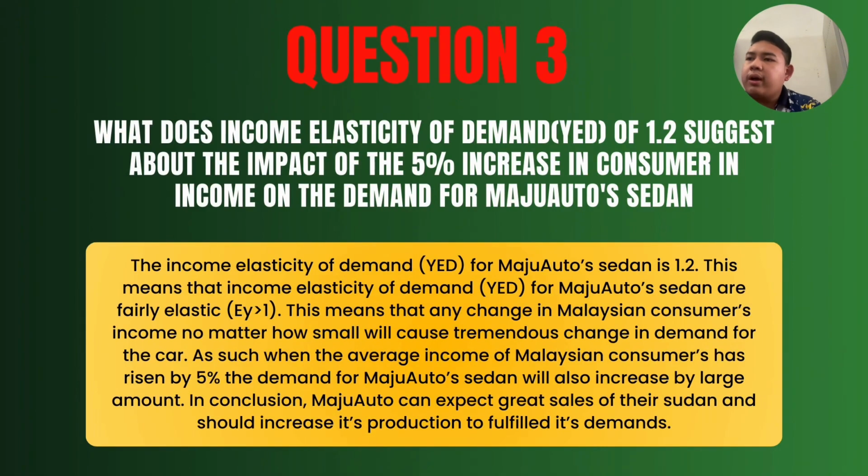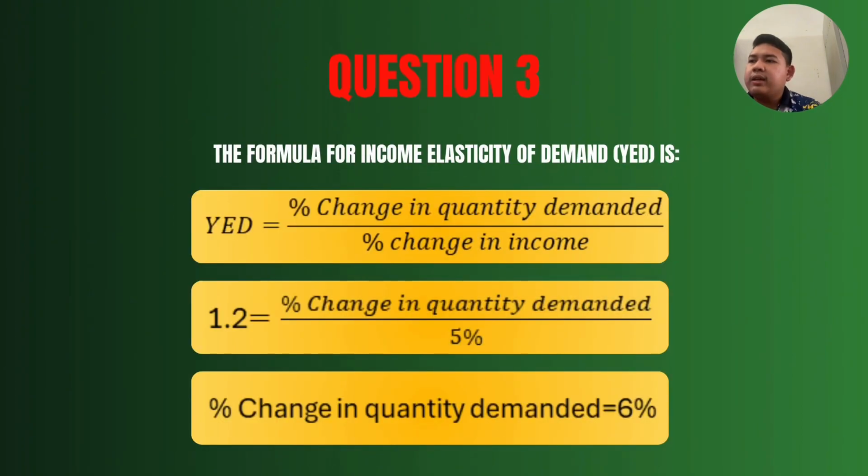Now we have the formula for the YED, which is percentage change in quantity demanded over percentage change in income. I already explained this previously. So now we just need to input the data. YED we have is 1.2, and for the percentage change in income we know it was raised by 5%, so we will get the answer.